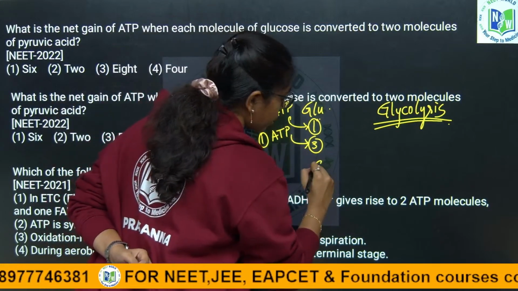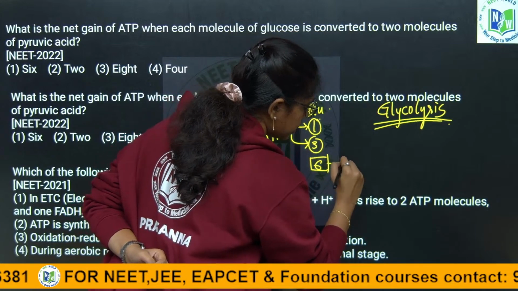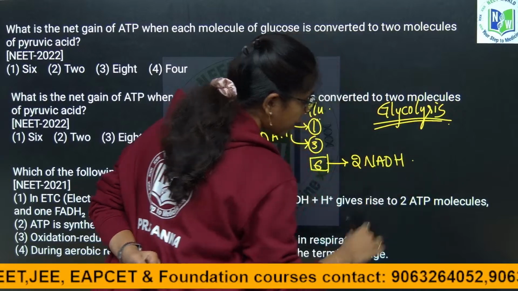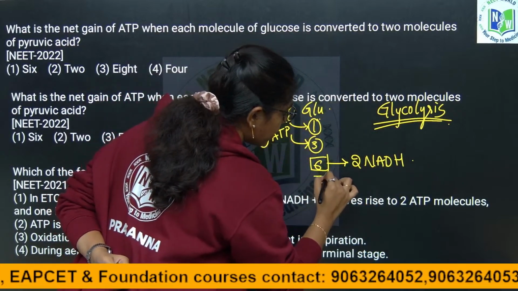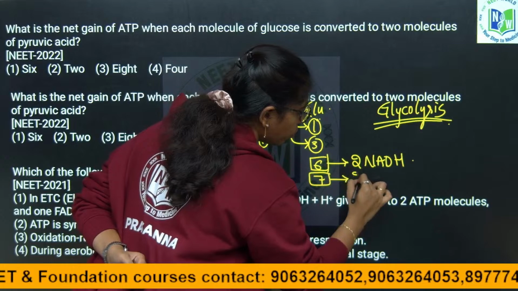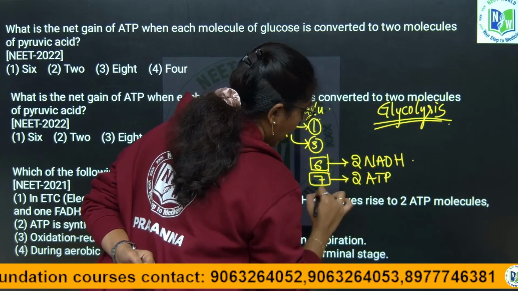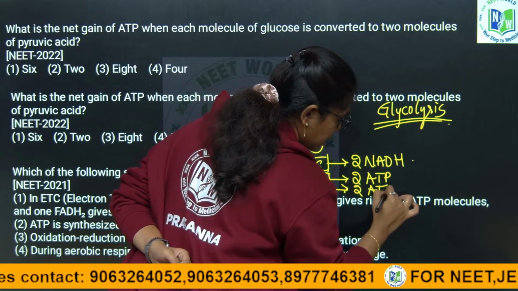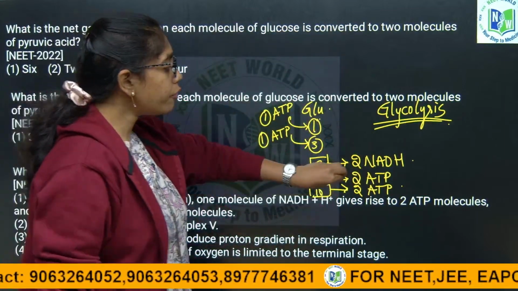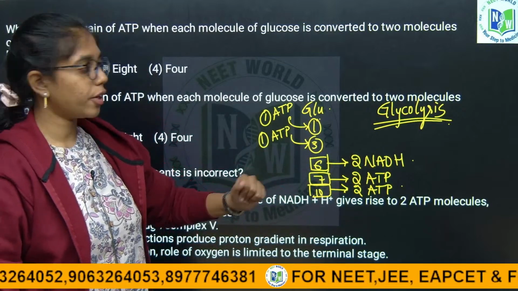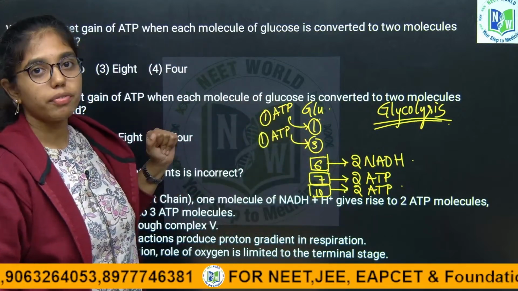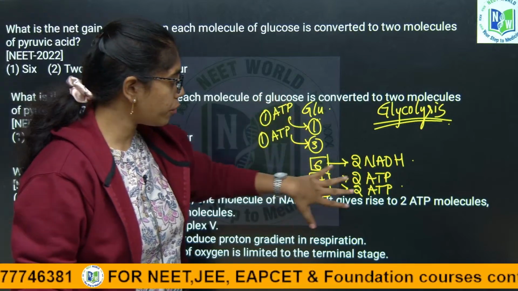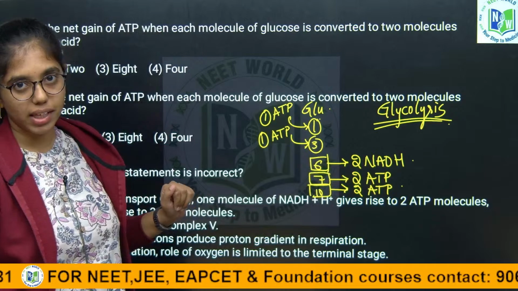At the sixth step, 2 molecules of NADH are released. At the 7th step, 2 molecules of ATP are released. At the 10th step, 2 molecules of ATP are released. These are the energetics. Out of 4 ATP released, 2 ATPs are required for the first and third steps, utilized from the 4 ATP released in the payoff phase.